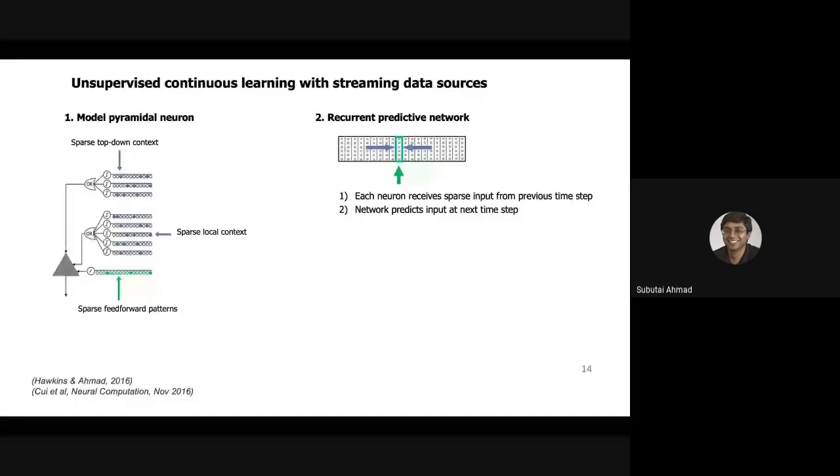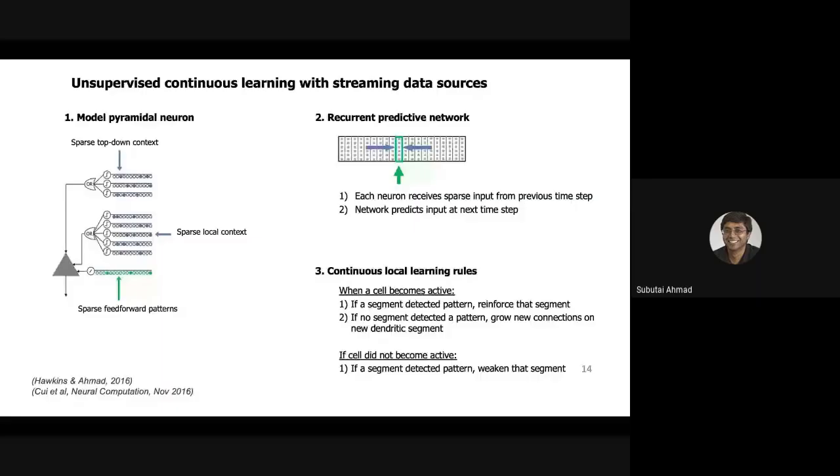So each neuron receives sparse input from the previous time step and is trying to predict the input at the next time step through its recurrent input. And then the third thing is these unsupervised continuous learning rules. And these exactly match the evidence from the neuroscience that I presented earlier. These are very, very simple local Hebbian style rules that you can implement.